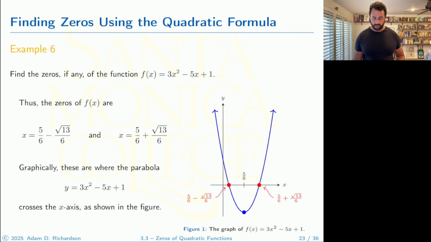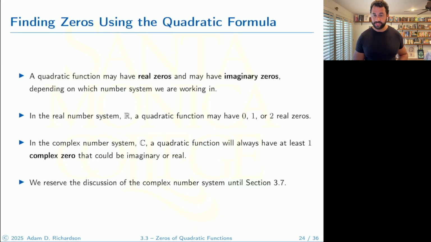And then what we're doing is we're basically moving up by root 13 over 6, and we're moving down by root 13 over 6 to get those two x-intercepts right there. Those are the x-intercepts. I'll discuss this more generally in the next section, but this part of the quadratic formula basically gives you how far to move left and right from the axis of symmetry of the parabola. That's really what it's telling you to do. All right, cool stuff. Very cool stuff.